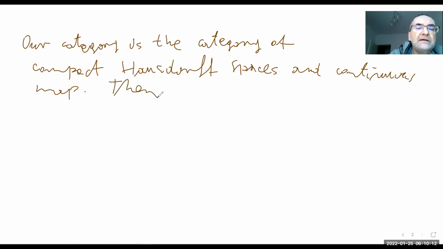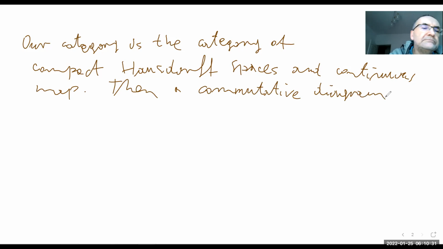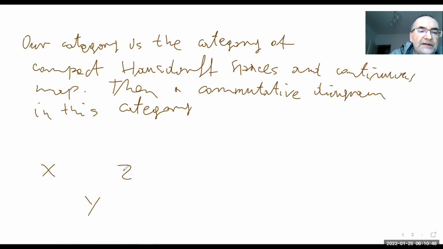Then a commutative diagram in this category, of course. So let's put some notation: X, Y, Z, P, whatever.